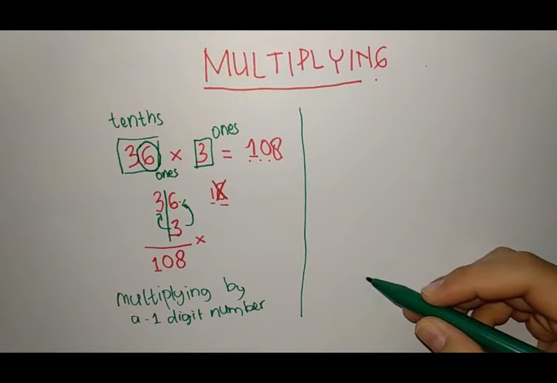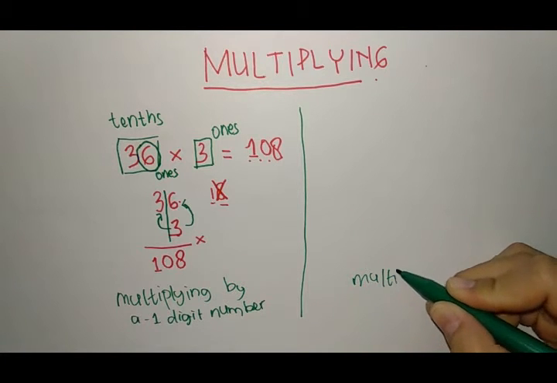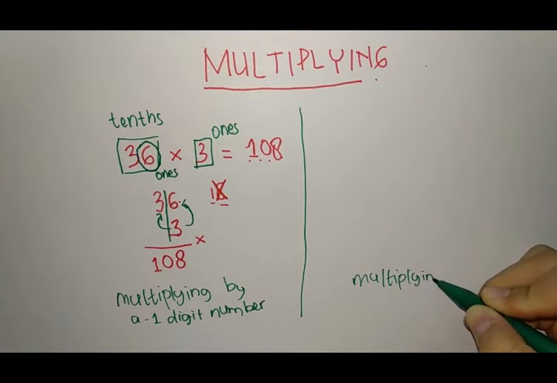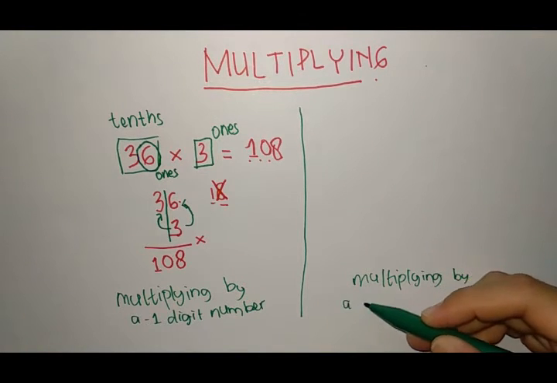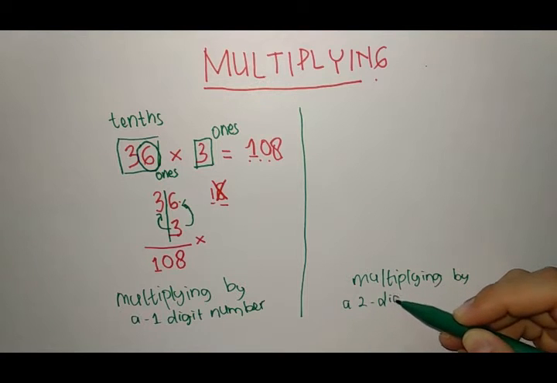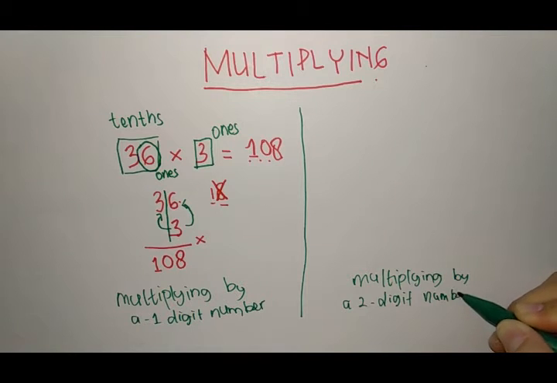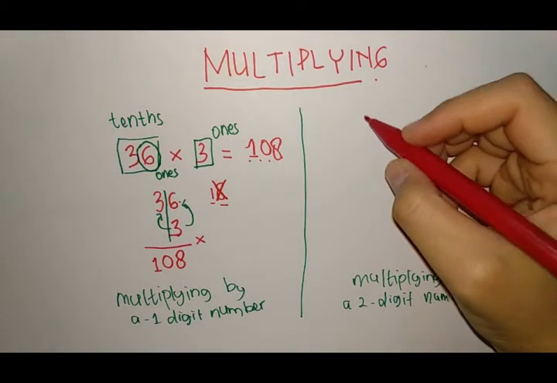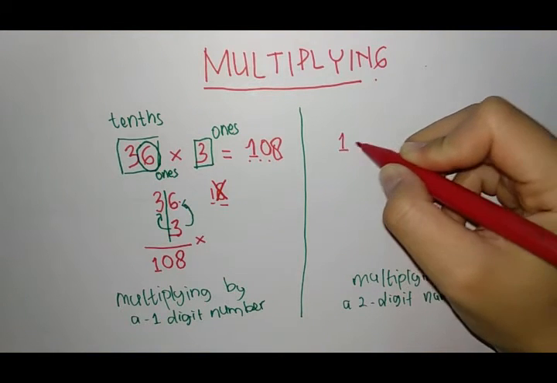And here, multiplying by a two-digit number. So for example, I have a number, how about 18?